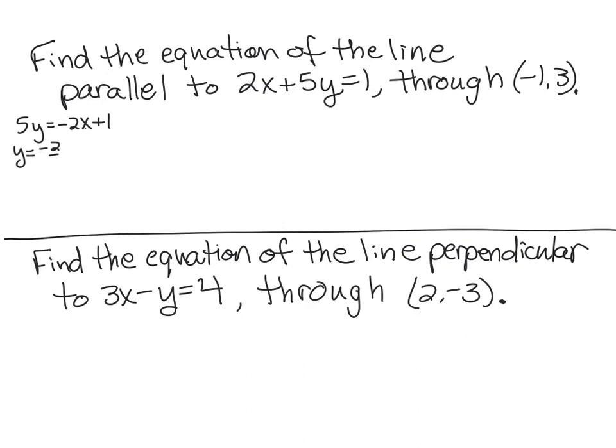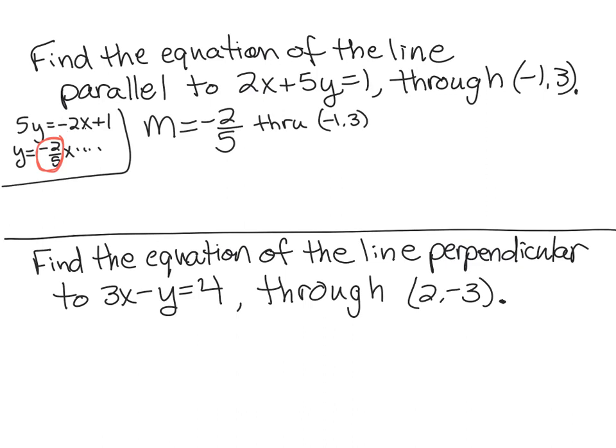I get minus 2/5 x, and I don't care about the rest of that because it's the slope that I need, not the y-intercept. So for my new line, my slope, if I'm parallel, is minus 2/5. If I had said perpendicular, you would flip that over and make it positive, right? So my new line has that slope through this point, okay?